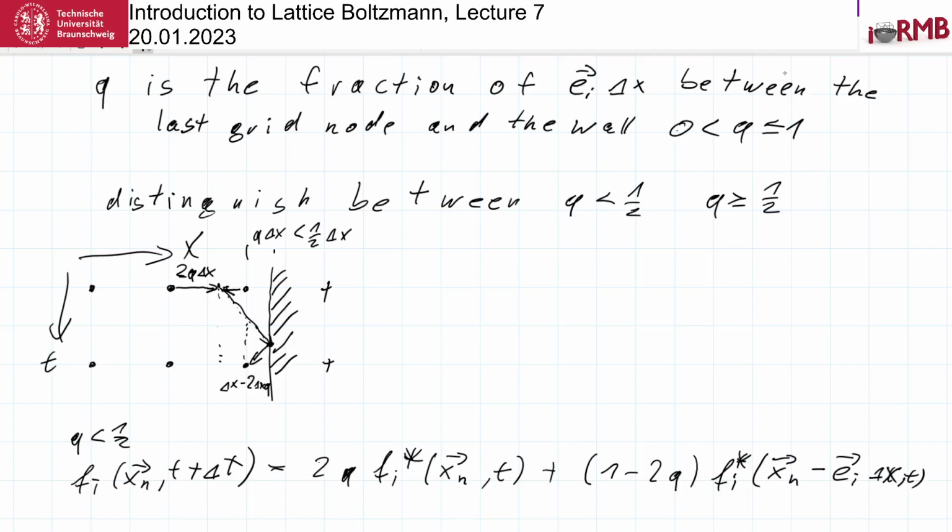So this is this position here, x_n minus e_i delta x. So this is the previous node.